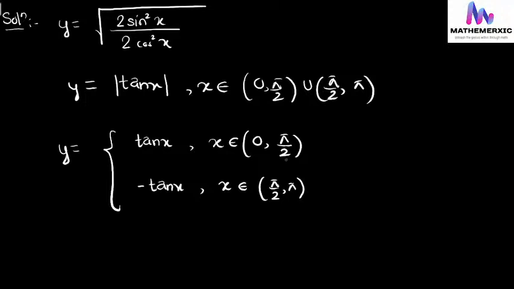Because modulus is there, we'll have two values. So that is clear with us. That is tan x for 0 to pi by 2, where tan x is positive, and for pi by 2 to pi, from negative it is starting, so minus tan x will be there.